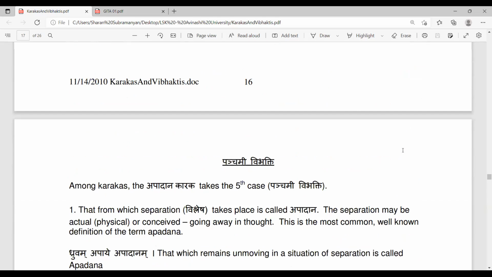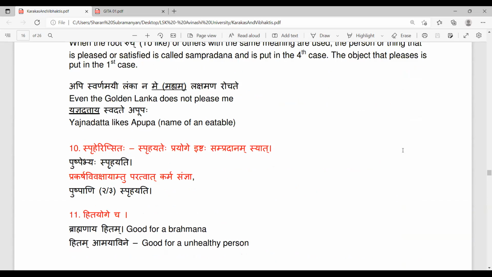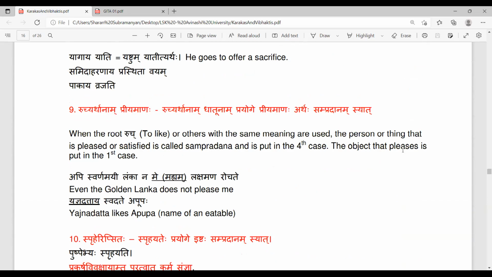No doubt, ji. But when we do the examples in the Samskrita Bharati Karaka book, it is very easy. But the theory and these sutras are somewhat difficult to understand. While doing the exercise given in the Karaka book of Samskrita Bharati, it is easy to recognize which karaka it is and apply the rules.